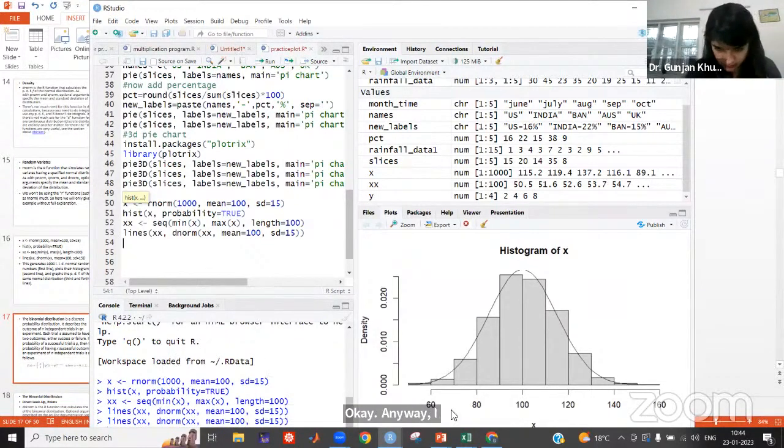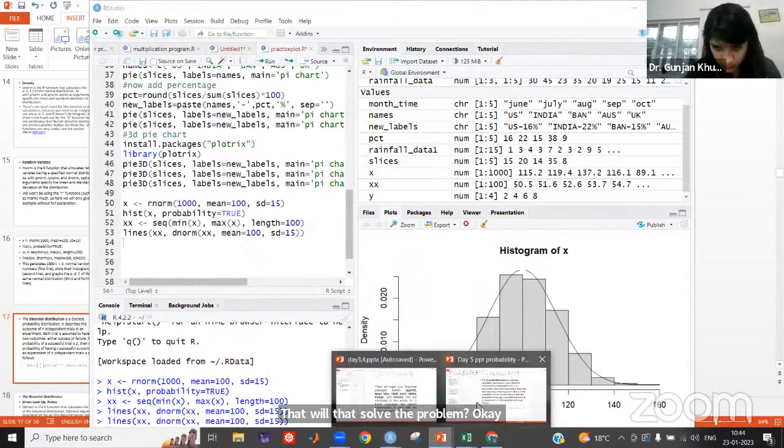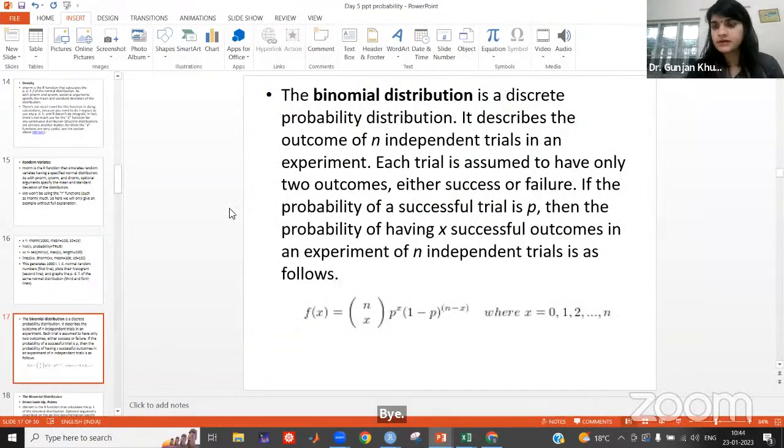Okay, fine. Now we'll come to the next distribution, which is the binomial distribution, a discrete probability distribution. It describes the outcome of n independent trials in an experiment. Each trial is assumed to have only two outcomes, either success or failure.